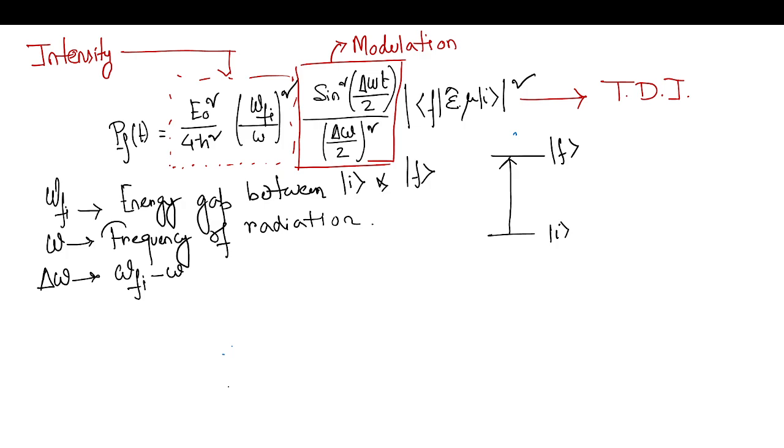This is actually the selection rule. It will say whether the transition is allowed or not. This will tell the intensity of the transition, and this is a modulation factor that oscillates between 0 and 1.